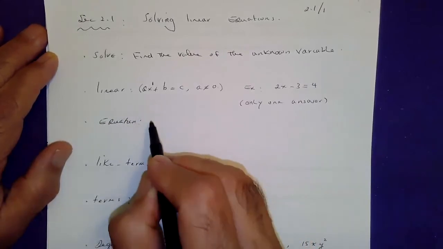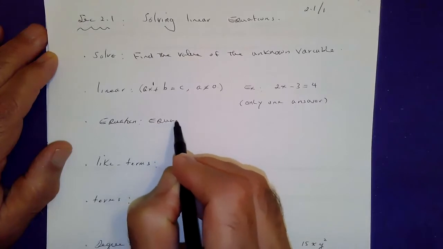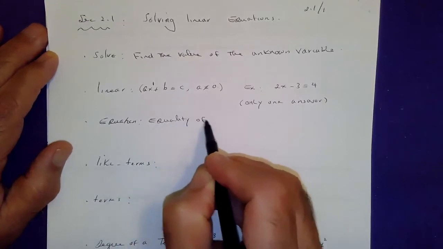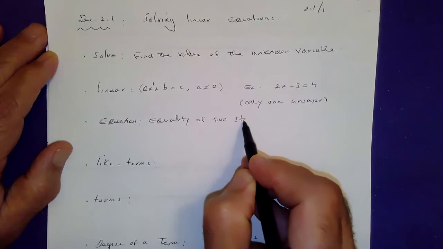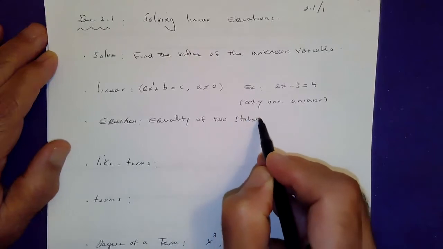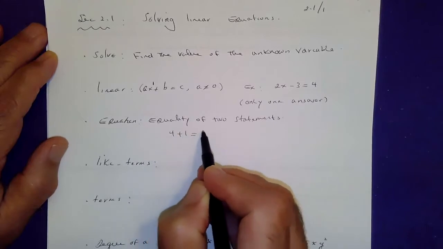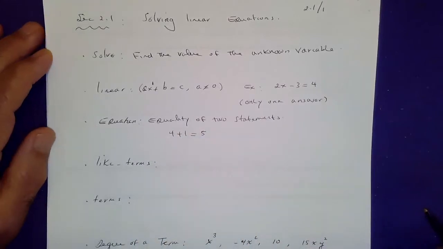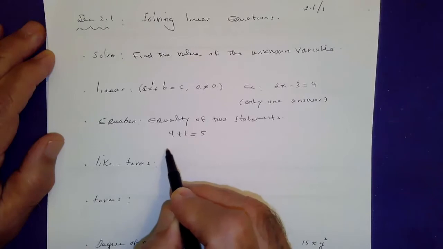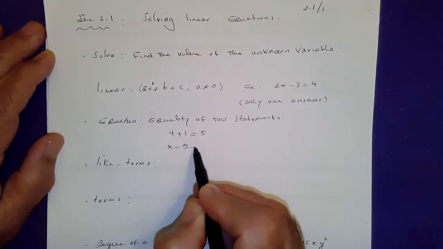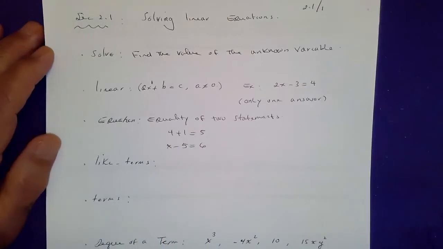What is an equation? An equation is equality of 2 statements. For instance, 4 plus 1 is equal to 5. So that's an equation. x minus 5 is equal to 6. That's an equation.